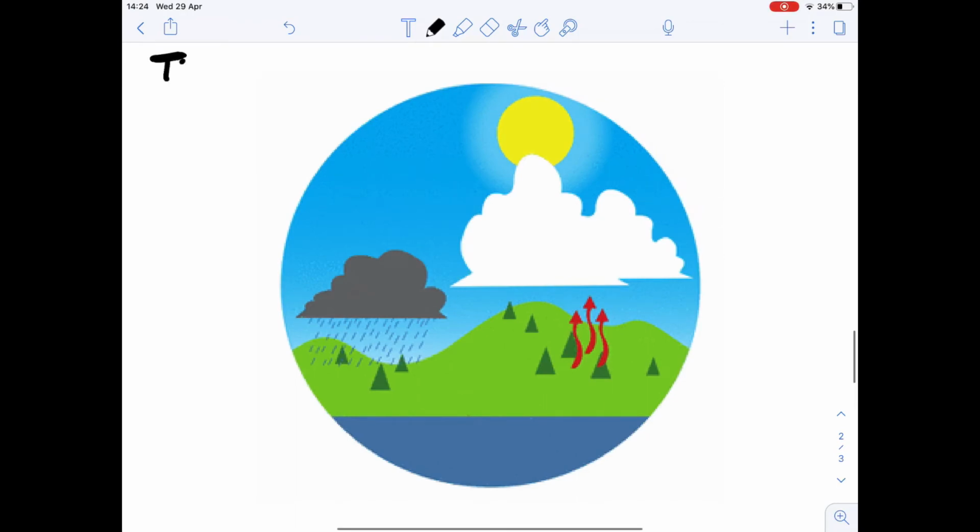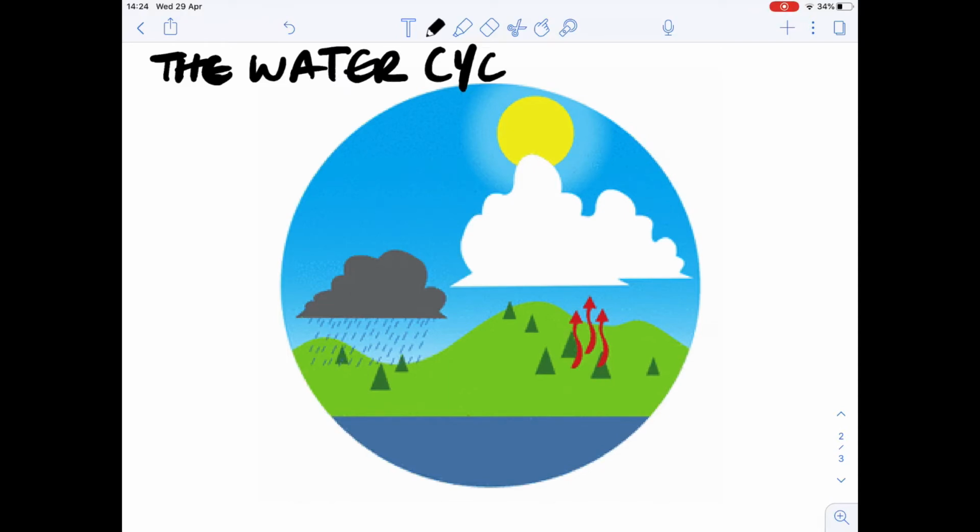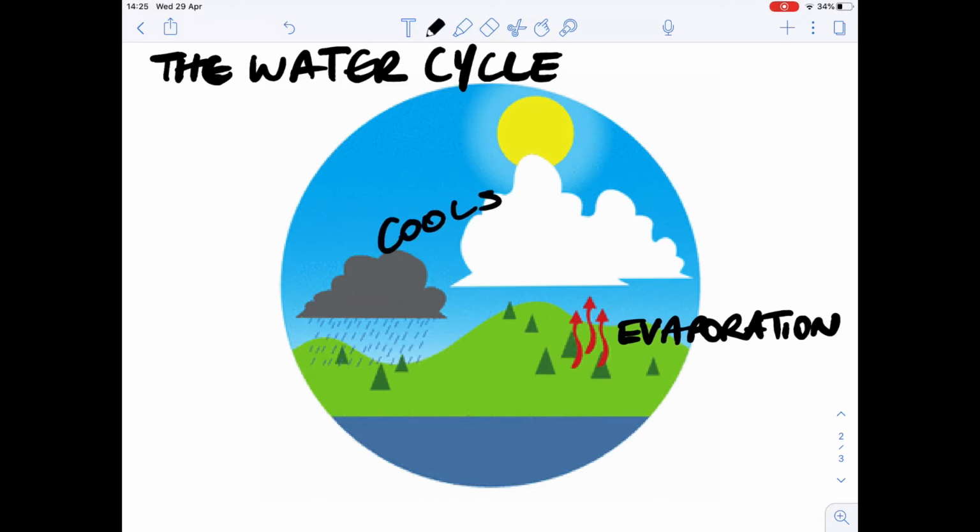The water cycle begins when water evaporates from the Earth's surface before rising up into the atmosphere. Once in the atmosphere, the water vapor cools and condenses into either rain or snow.